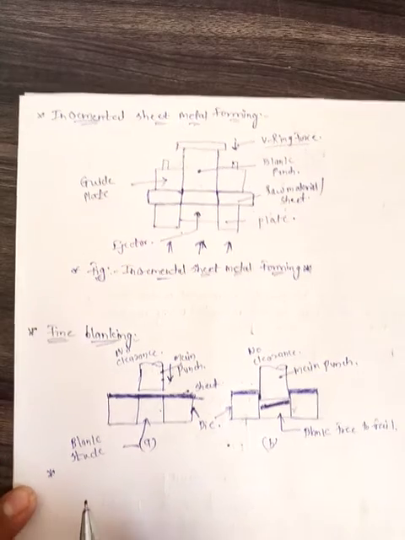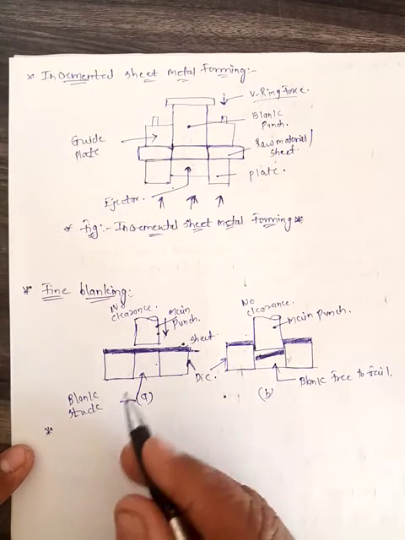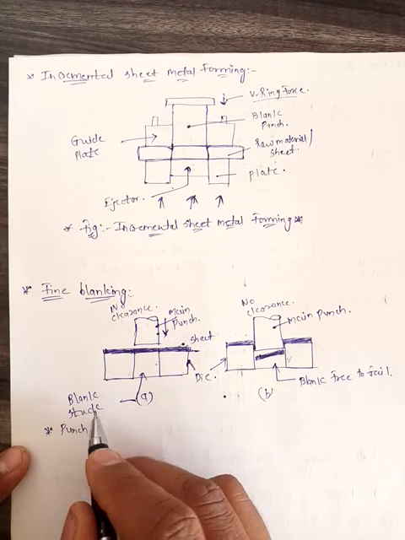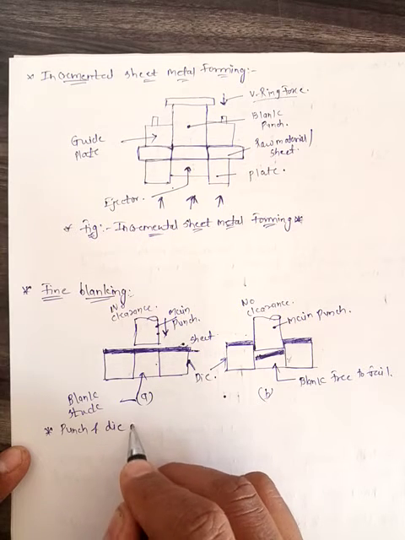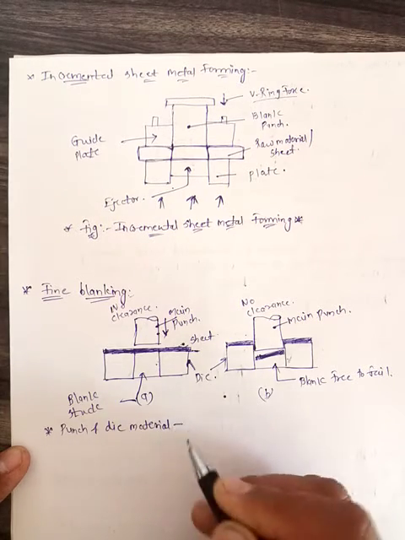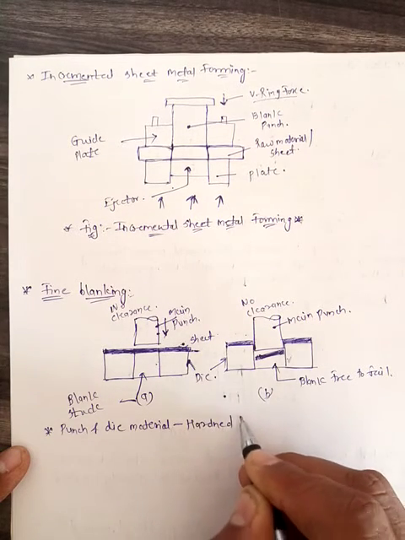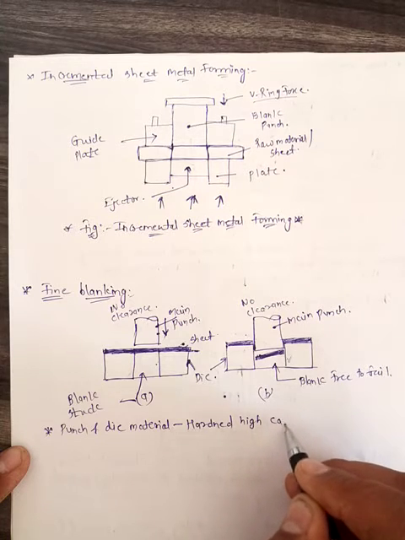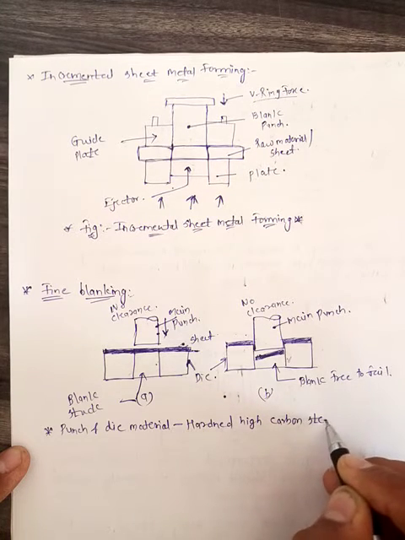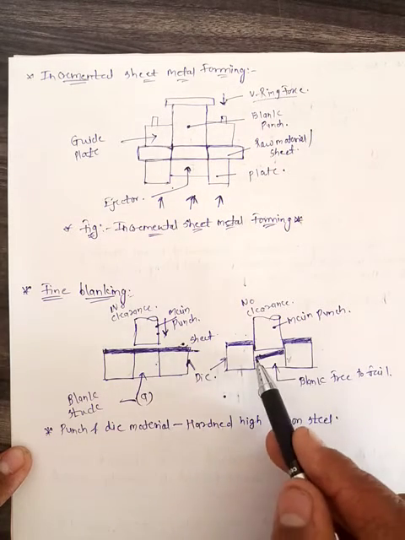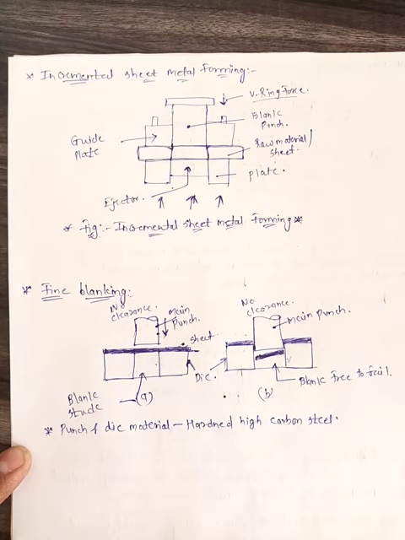Okay, now I will tell some components that are used in fine blanking: the punch and die material. Hardened high carbon steel is used to cut the sheet into the required shape.